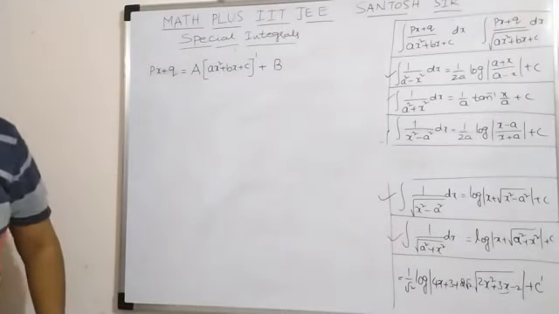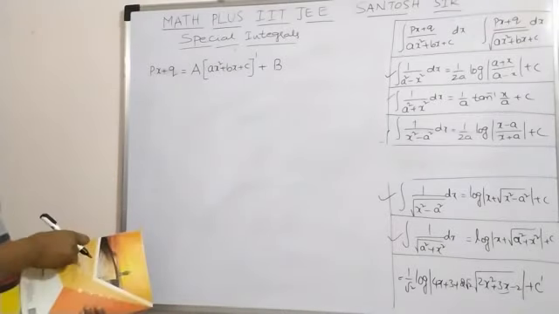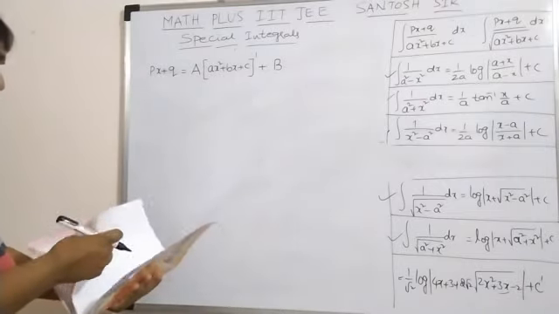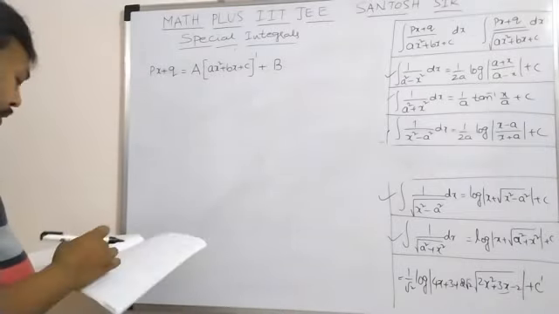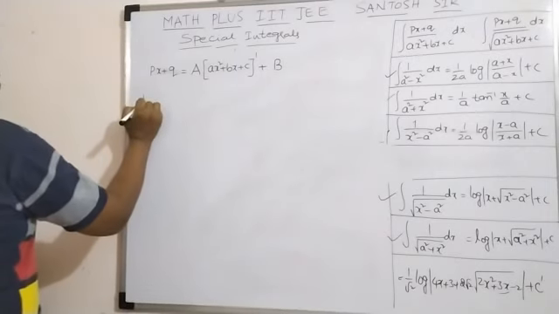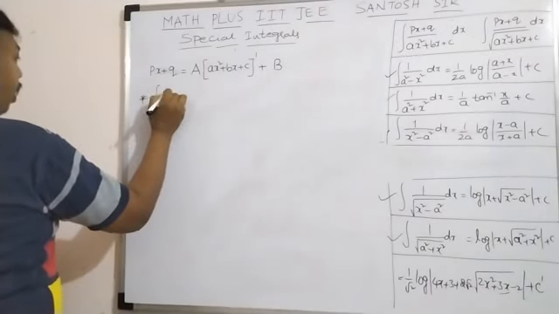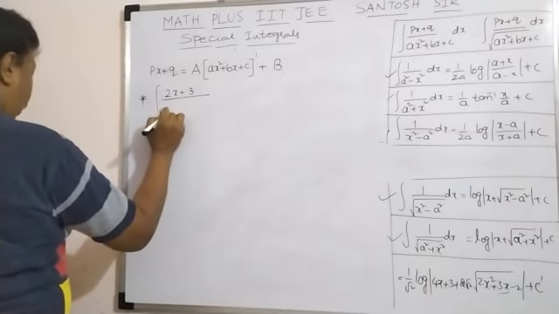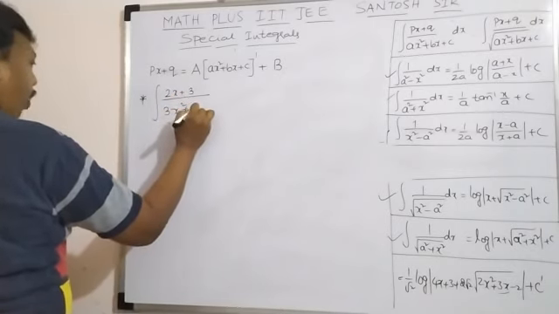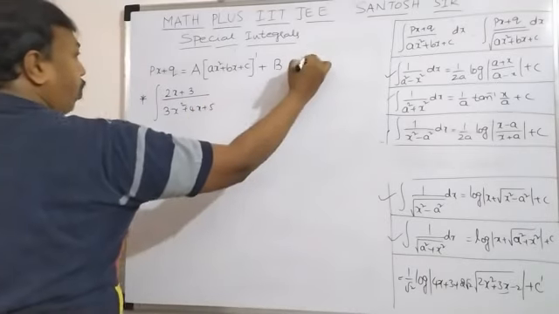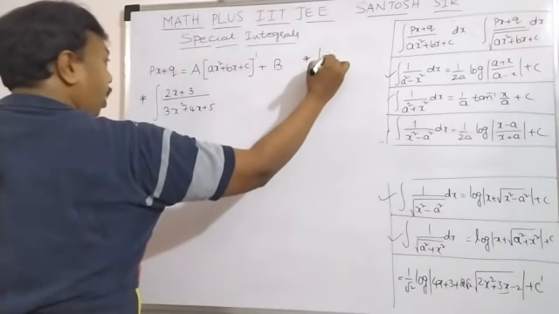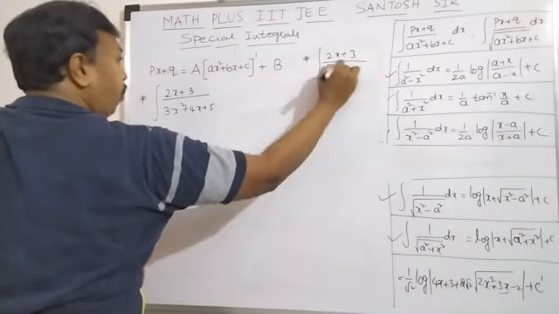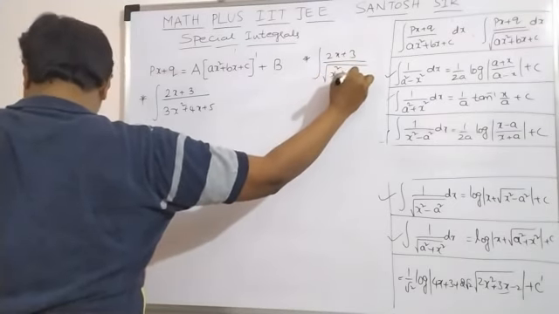So I will give one example based on this, so that again we will use the same 6 formulas, but a few more steps we need to add initially. So here one question I am going to take: integral of (2x plus 3) upon (3x square plus 4x plus 5), and one more question we will do: integral of (2x plus 3) upon under root of (x square plus 4x plus 1) dx.